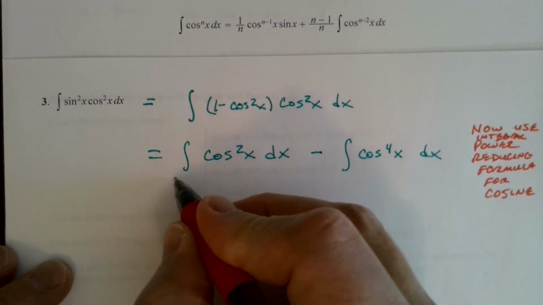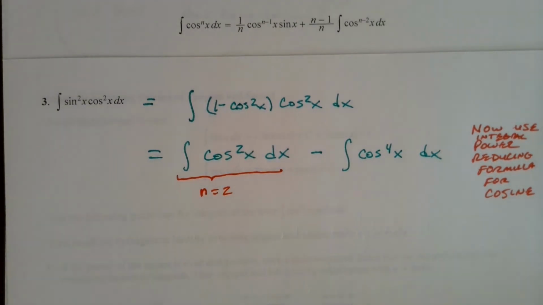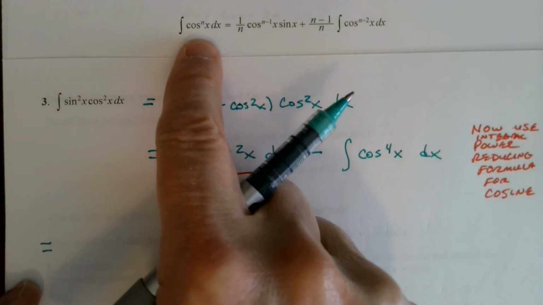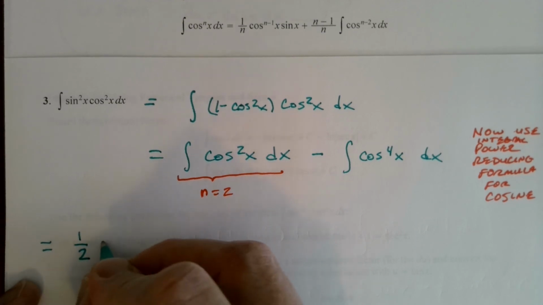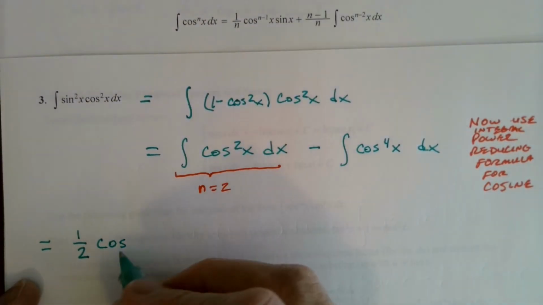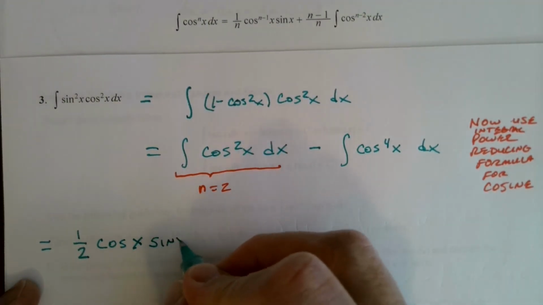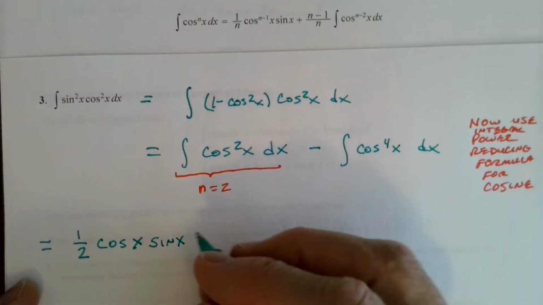For this one, n equals 2. And what does that give me? When n is 2, cosine squared x is what? 1/2 cosine of 2 minus 1 is 1, so that's just cosine to the first power, sine of x. And then n is 2, so I get 2 minus 1 is 1, 1/2.